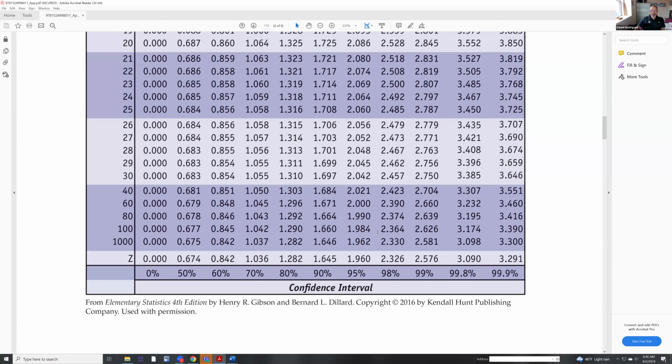I have either 100, 2.364, or I have 1,000. With 431, I'm closer to 100. And it's a good choice when you're somewhere in between to always go with the larger value. It's more conservative. It's harder to reject the null at 2.364 than it is at 2.330. So I chose this one.